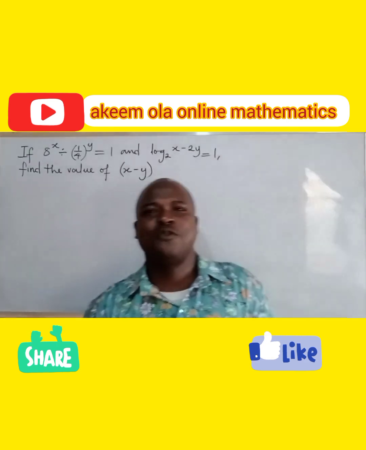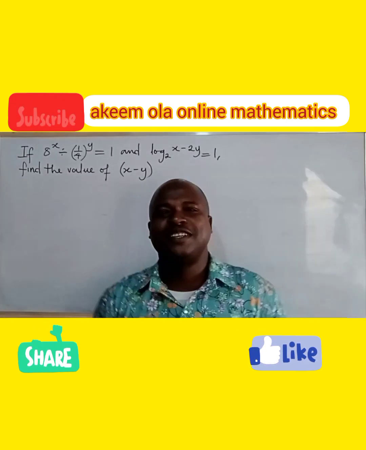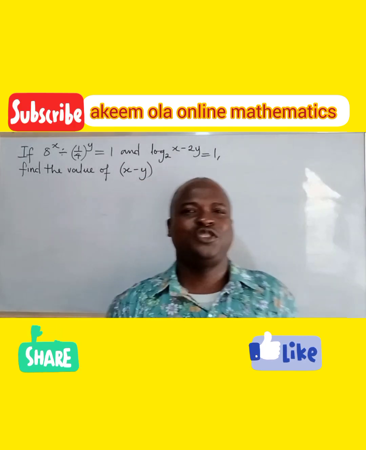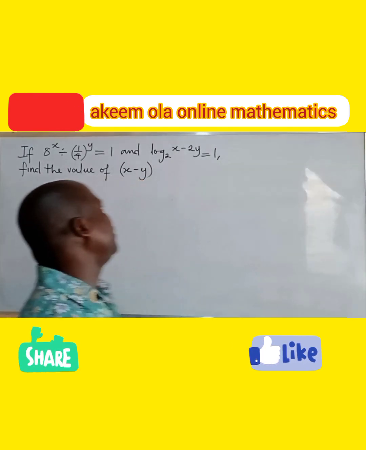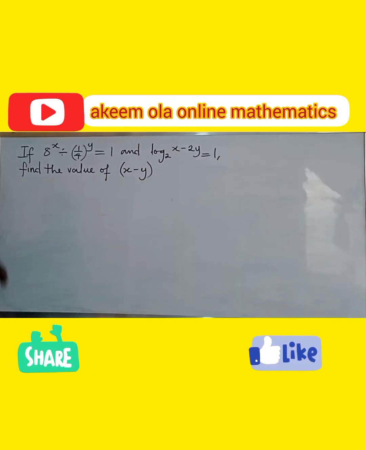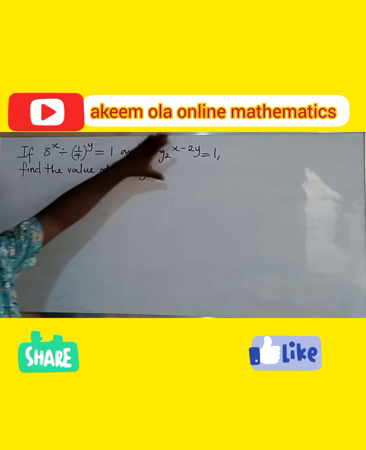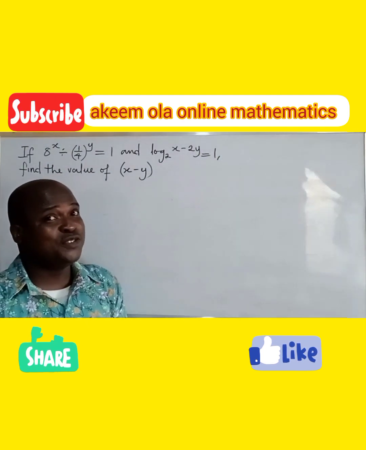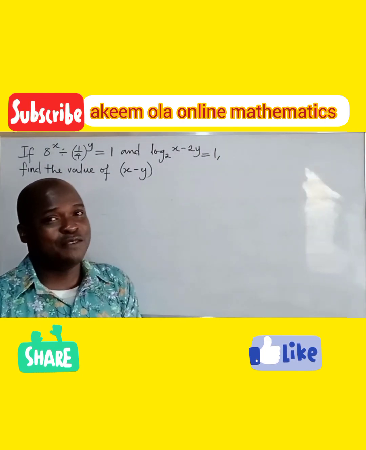We have another question to solve, and this question is right here on the board. Now, let's do justice to the question on the board. We have two equations. This is the first equation, and this is the second equation, of which we are going to solve the two of them together simultaneously.